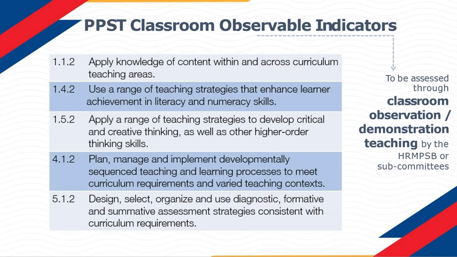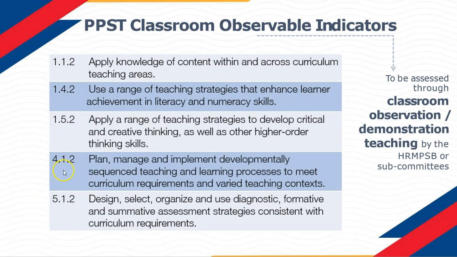These are the 5 classroom observable indicators. First, 1.1.2 or apply knowledge of content within and across curriculum teaching areas. Second, 1.4.2 use a range of teaching strategies that enhance learner achievement in literacy and numeracy skills. Third, 1.5.2 apply a range of teaching strategies to develop critical and creative thinking as well as higher order thinking skills.